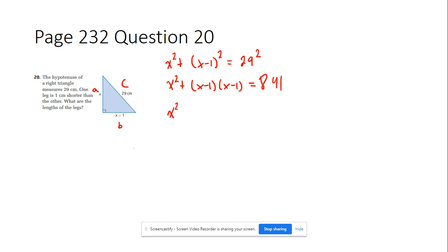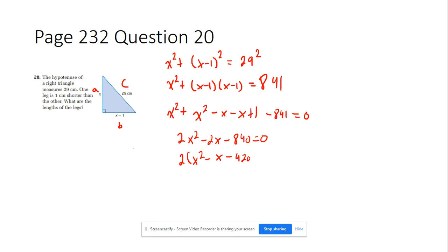So we get x squared plus, I'm going to multiply this out, x squared minus 2x plus 1. And I'm just going to subtract this 841 over here as well. So we get 2x squared minus 2x minus 840 equals 0. I'm going to factor 2 out of this guy.